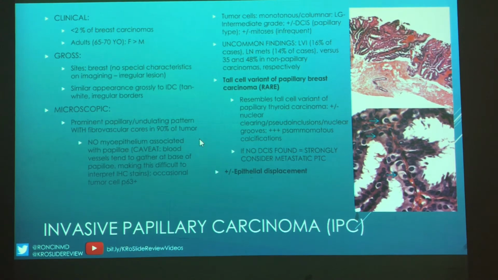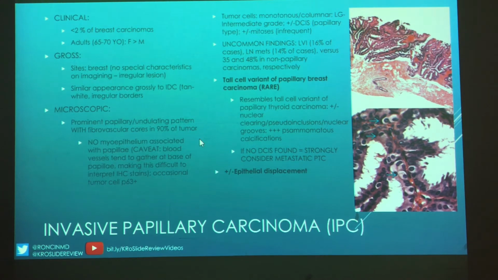Compared to a grade matched IDC, it's a significant decrease: 16 and 14% of cases having either LVI or lymph node mets. If you had a grade 1 IDC, 35% of those cases would have LVI, and almost 50% could have a lymph node met. The difference is quite striking.